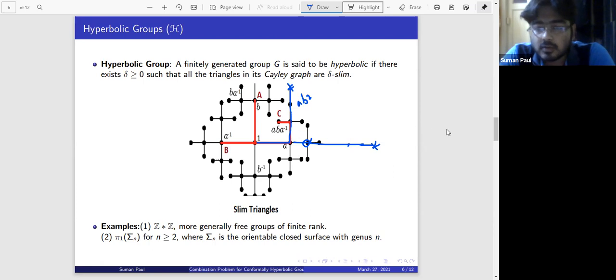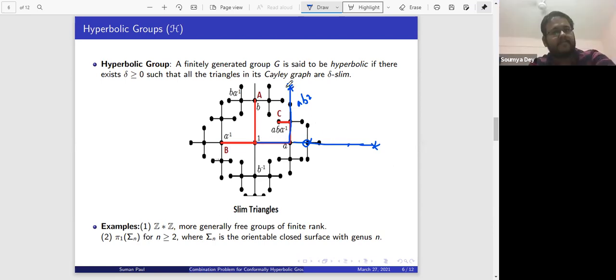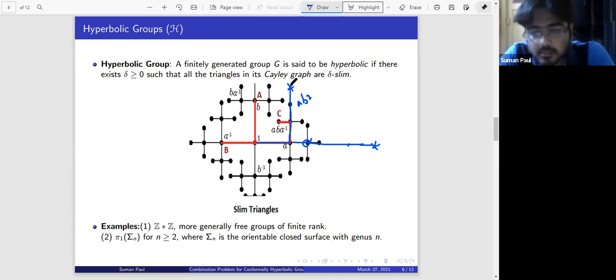Okay. So now, you have a point in the boundary, and you have a point in the boundary here also. So you define the distance between these two boundary points to be e to the power minus the distance from 1 to a.